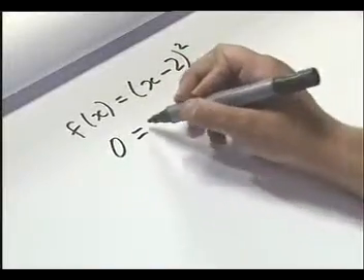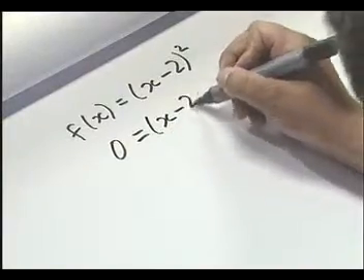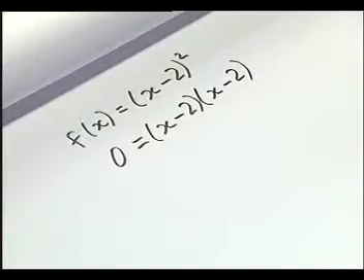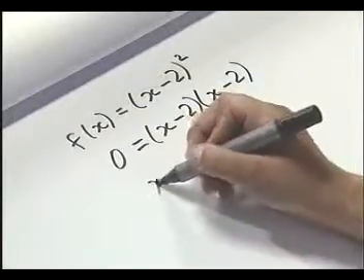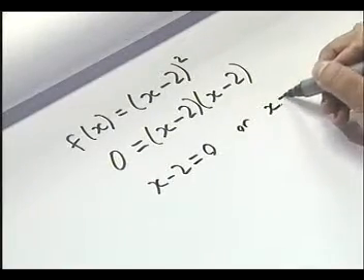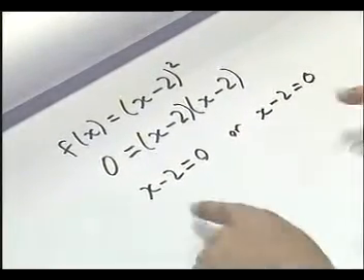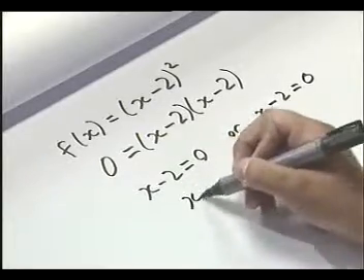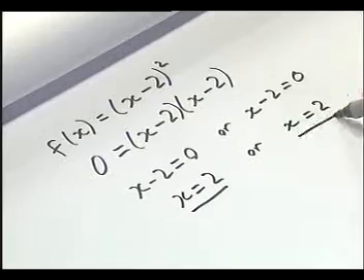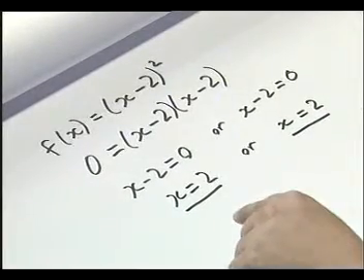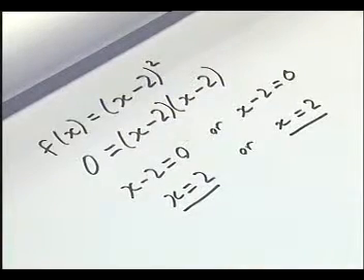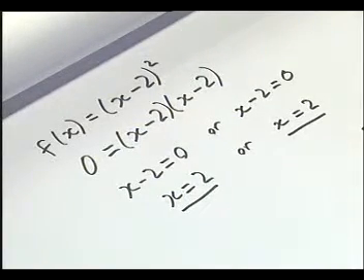We get 0 equals, and I'll just rewrite this side as x minus 2 times x minus 2, which means either x minus 2 must be 0, or x minus 2 equals 0. The same thing. So x equals 2, or x equals 2. So there are two solutions and two roots at the value x equals 2. That's what we call a repeated root.